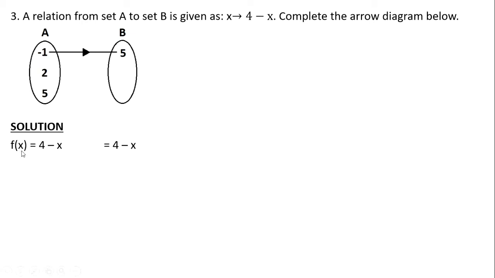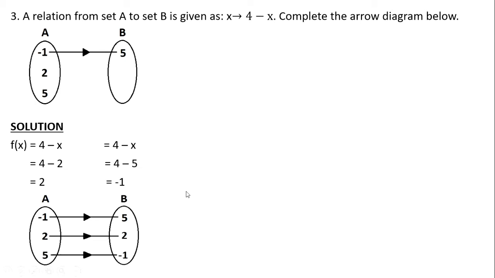What we are going to do is replace x with 2, and replace x with 5. 4 minus 2 will give us 2. 4 minus 5 will give us negative 1. So our arrow diagram will look like that. We'll place 2 and negative 1.